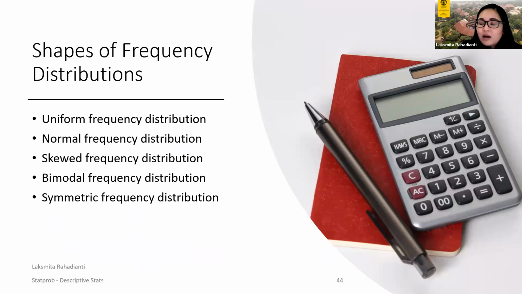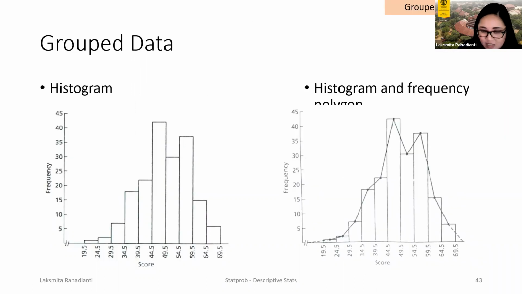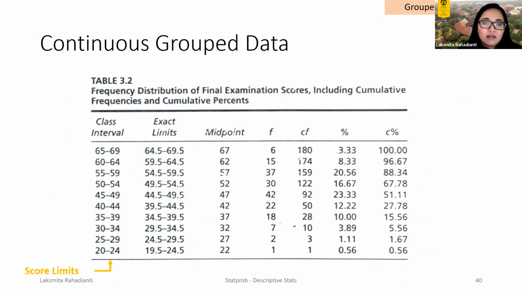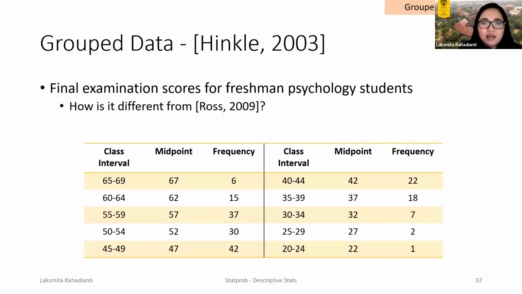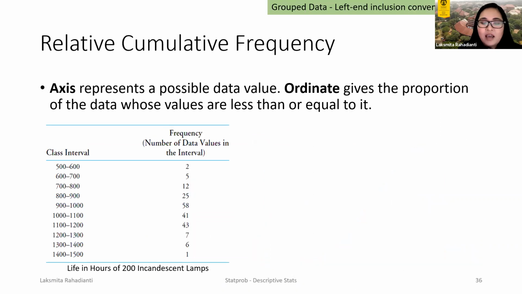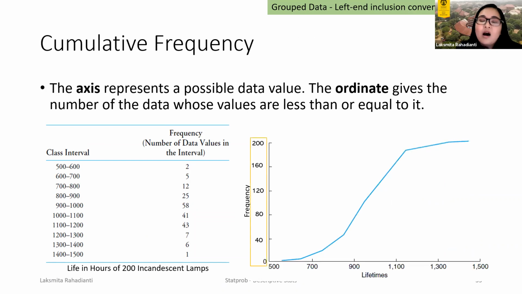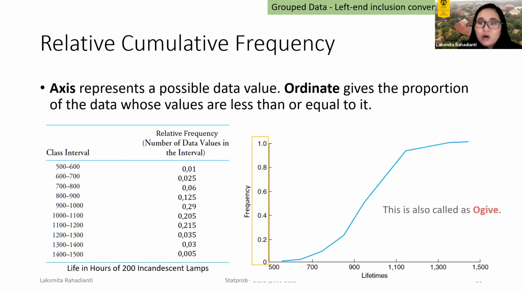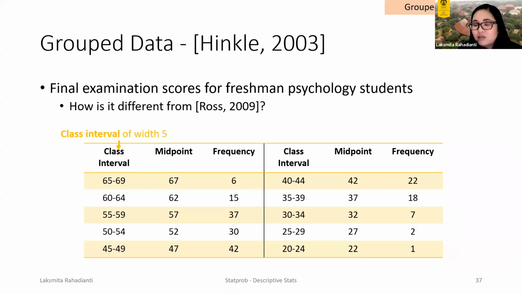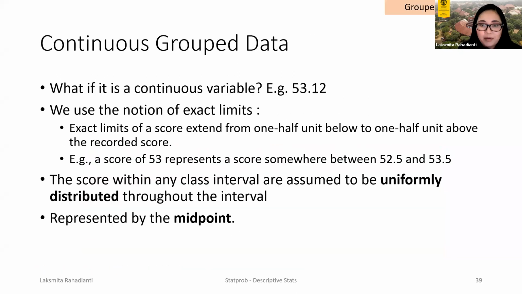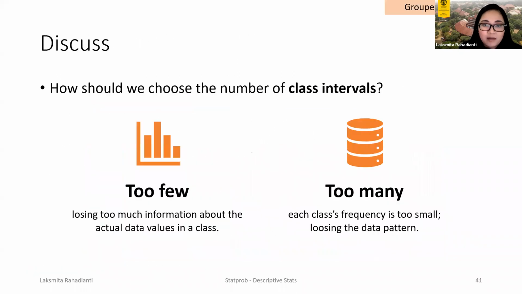After we plot these frequency distributions, usually some shapes will come up. If I were to plot the frequencies of my data like that, after a while you will notice some special shapes that may come up while you're plotting your data.